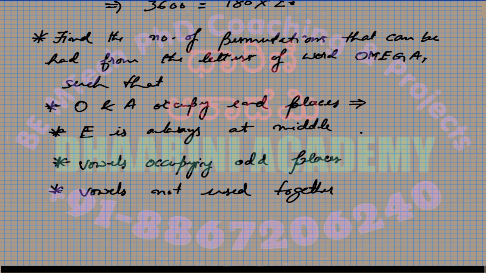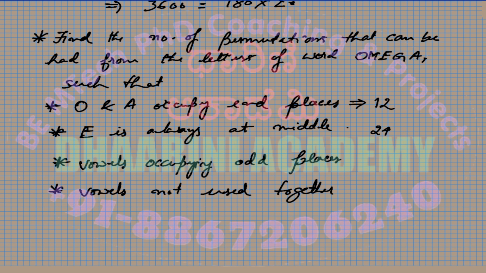Is right. Second is right. This is coming 24. So vowels occupying odd places. There are three vowels which can be arranged in odd places. Not three ways, correct?